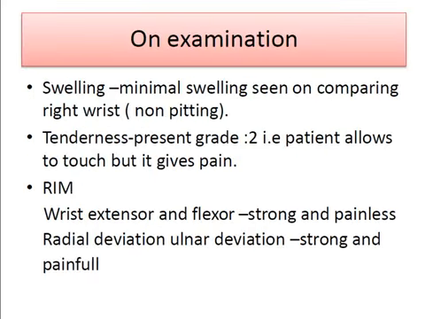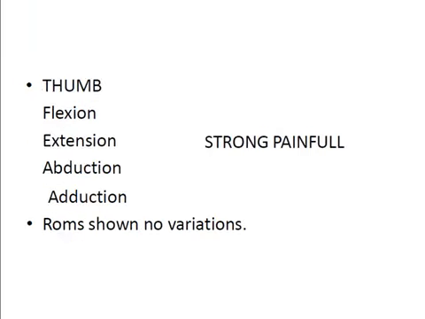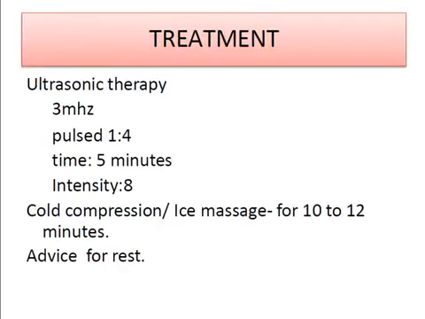While we examined, we saw minimal swelling as compared to the right wrist, and tenderness present graded 2 because she was allowing touch. Then range of motion was affected. Thumb flexion, extension, abduction, adduction were strong but painful.